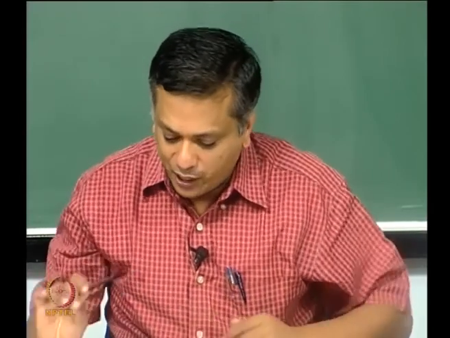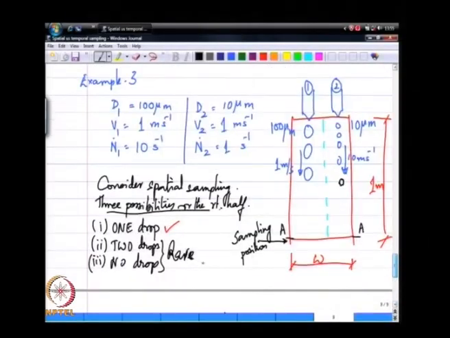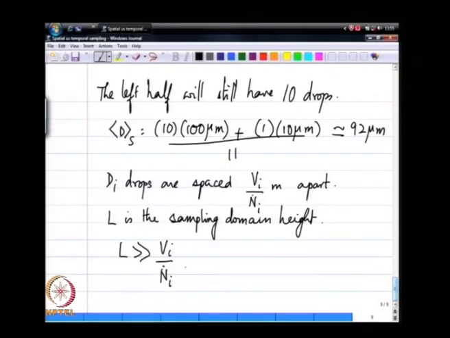So, essentially if I take these 2 sprays and if I have L be much greater than V I divided by N I dot, then the spatial sampling and the temporal sampling become very close to each other.